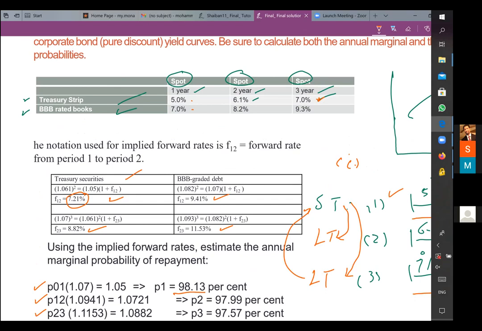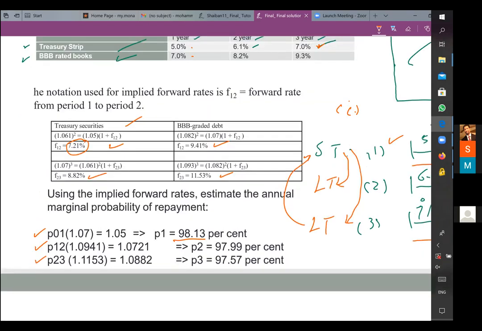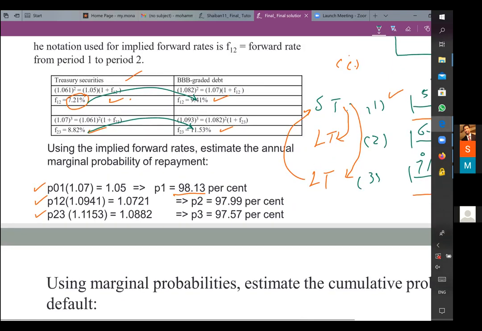But for year 2, I will get it from the forwards, this one and this one. And for year 3, I will get this one and this one. And in this case, I can calculate the probability of payment for year 1, year 2, and year 3.